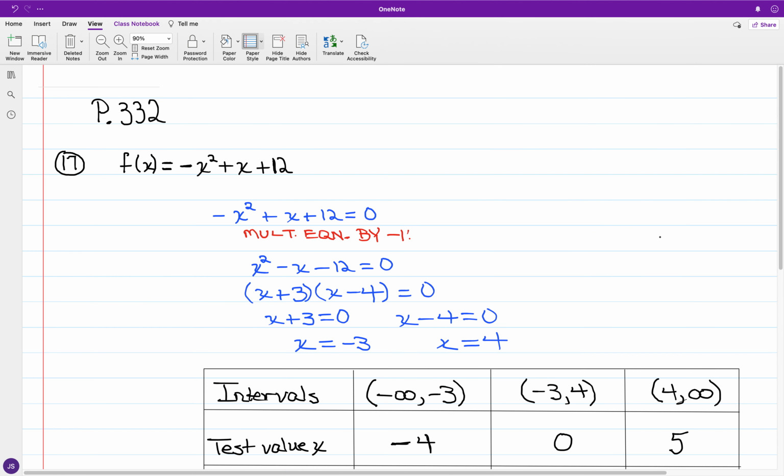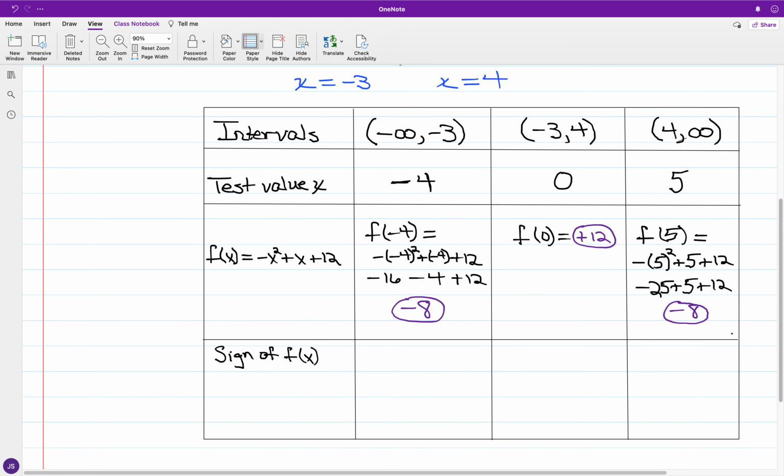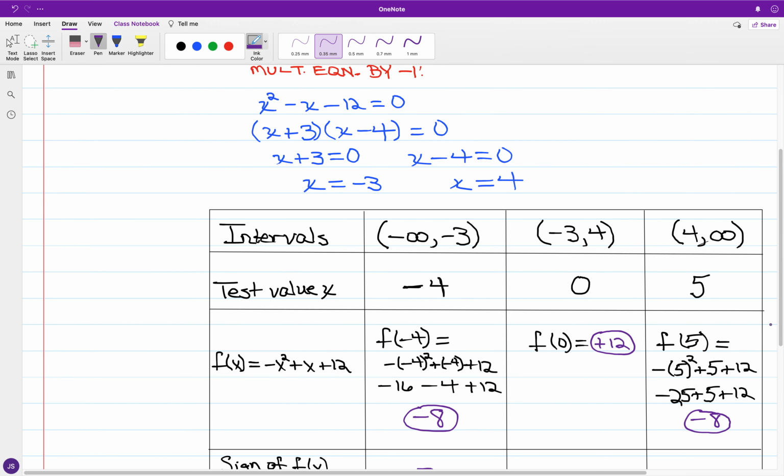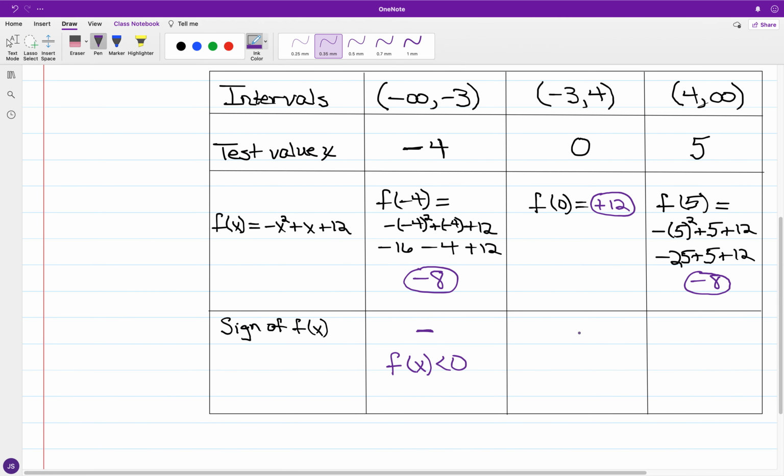So in the case of the sign of f of x, we're going to have a negative, so f of x is less than 0. Then for anything greater than -3 and less than 4, the output is going to be positive, so f of x is greater than 0. And anything that we select greater than 4 for the input, the output is going to be negative, so f of x is less than 0.